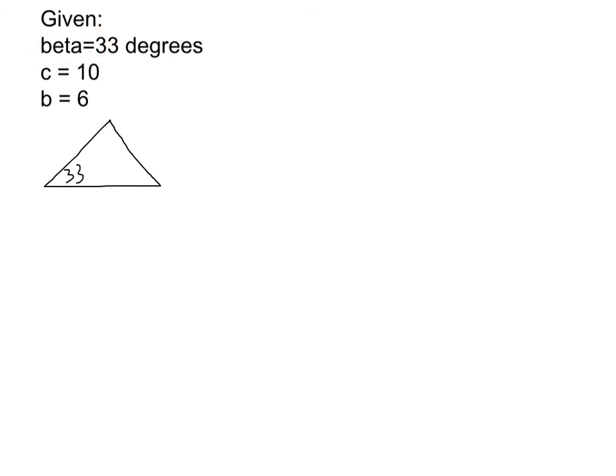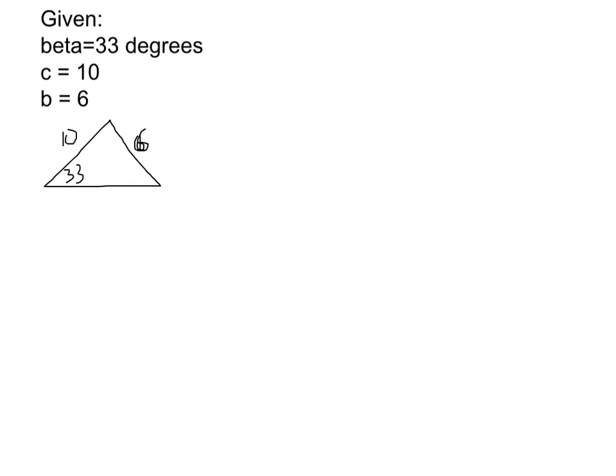A lot of times, though, you will see a Greek letter for the angle, but the relationship still holds. Beta is across from B, or capital B is across from B. So here's my B, and that was going to be a B and not a 6. And then previously I was putting C on the bottom, but now because I want the relationships to still be the same, I'm going to put C over here.